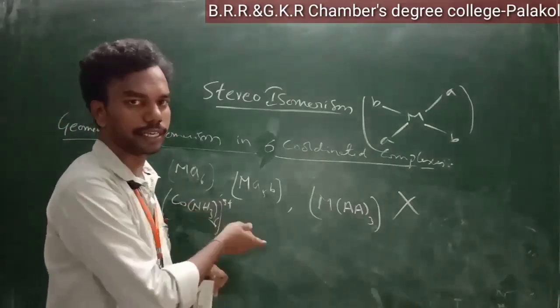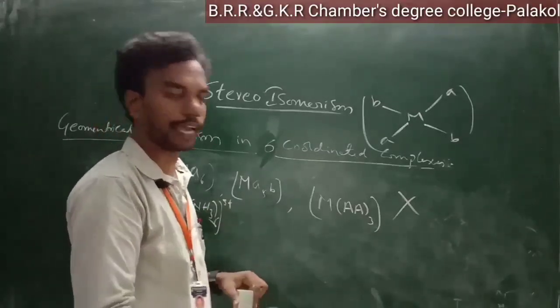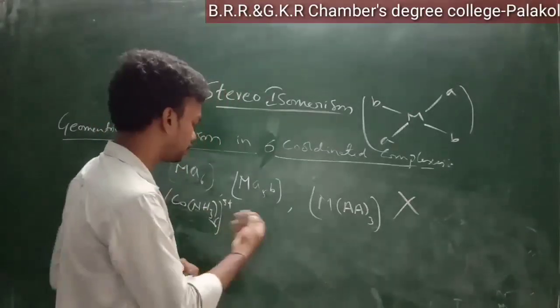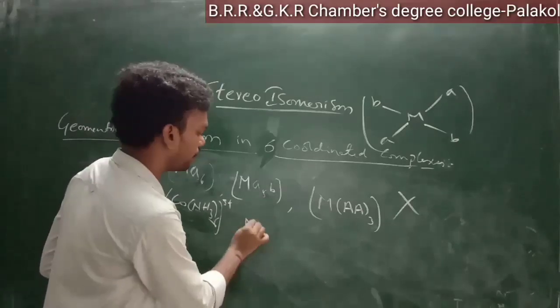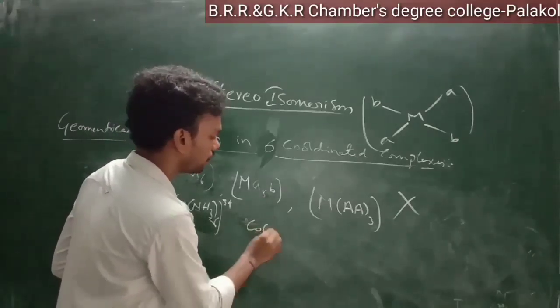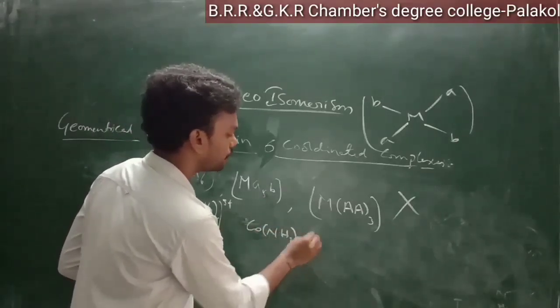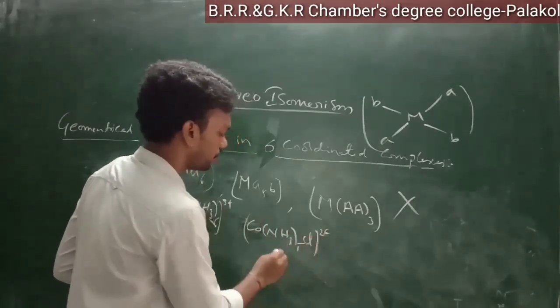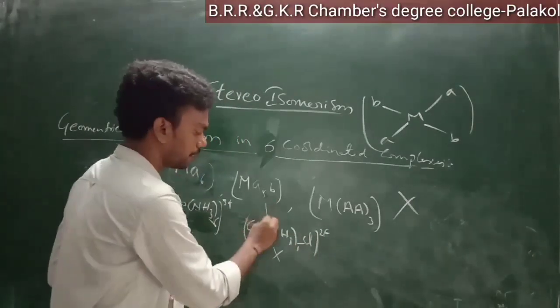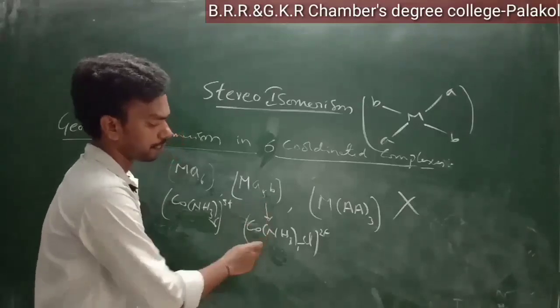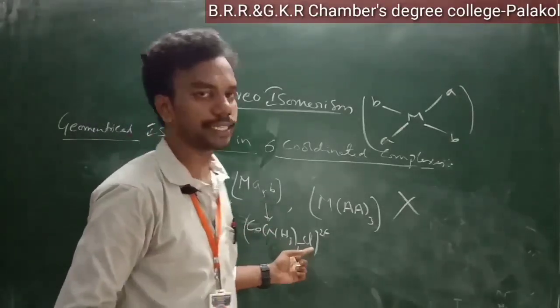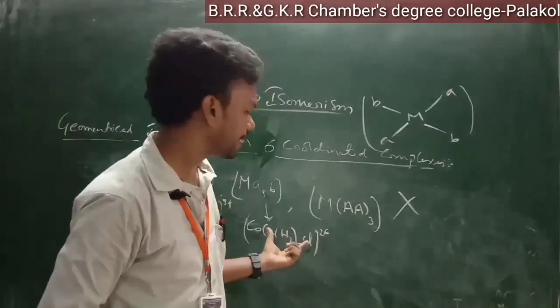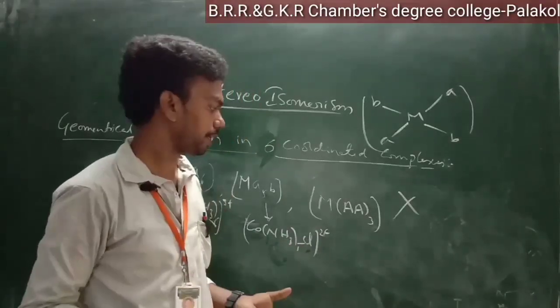If you change any ligand, you get the same identical structure, with no spatial arrangement. And [Co(NH3)5Cl]2+: five ligands are the same, one ligand is different. Here also you do not get any geometrical isomers.